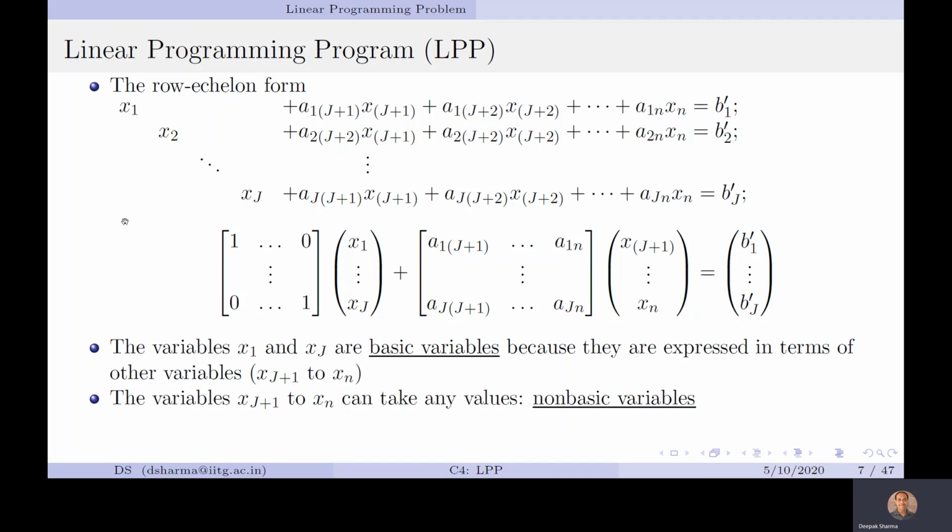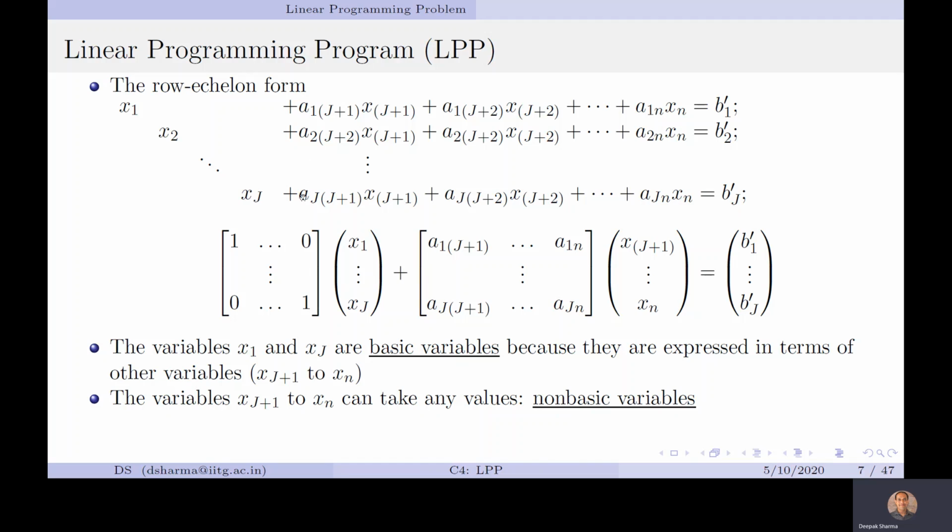Now here I'm introducing two types of variables that are called basic variables and non-basic variables. Let us look at this row echelon form. As we know, x1 to xj will be expressed in terms of the other variables. So these variables will become dependent variables. These dependent variables are referred to as basic variables in our LPP and simplex method.